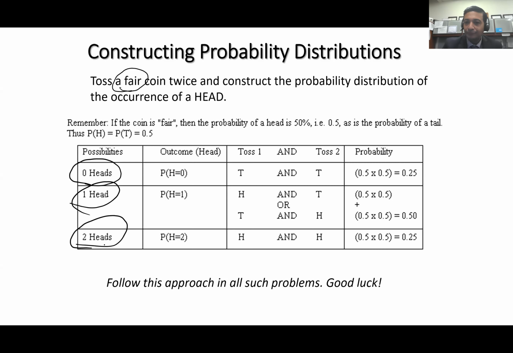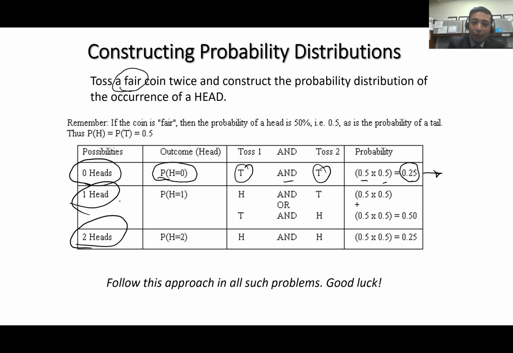The probability that heads becomes 0 is a tail from the first toss and a tail from the second toss. Each one of them is 50%, and when you multiply those because of the and, in total there is a 25% chance that both times you toss the coin, you'll not find the head, given that it's a fair coin.